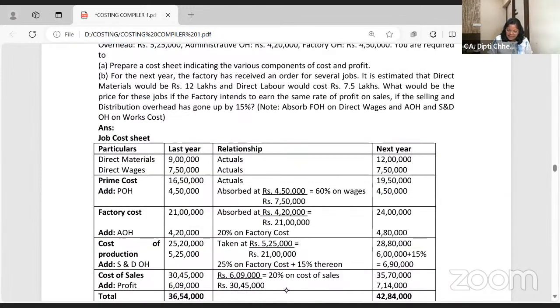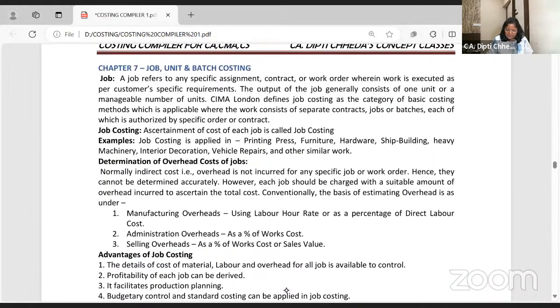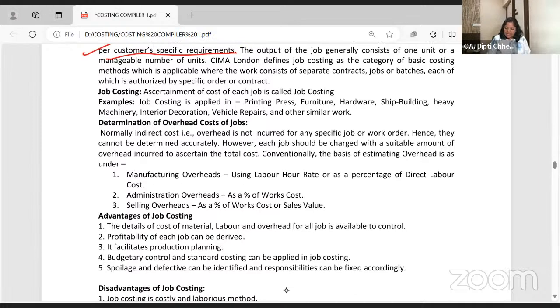Now I know I'm going a little haphazard, but this is the way of doing it. Let us take up now all the sums. Not all the sums, one to one, that you can practice in the practice batch together. But just saying, what is a job? Where the work is executed as per the customer's unique requirement, right? Every job is different. Printing press, furniture, hardware, interior decorators, vehicle repairing.